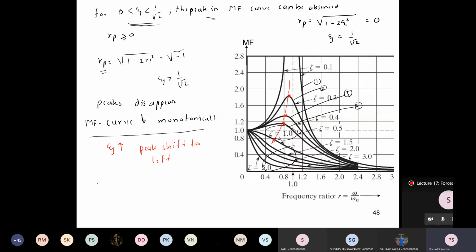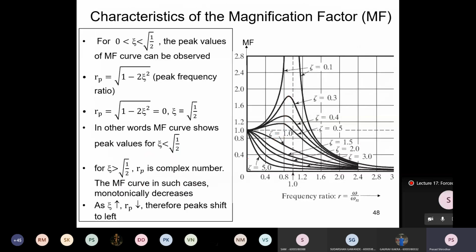So why does that happen? The RP value is nothing but 1 minus 2 zeta square. So as zeta increases, RP goes on decreasing, so the peaks of the curve shift to the left. This is also one of the very important key characteristic features of this curve.